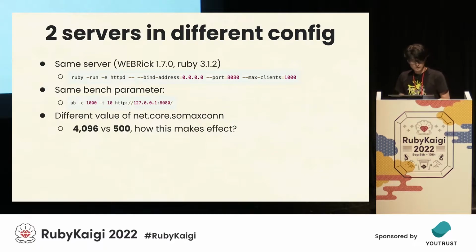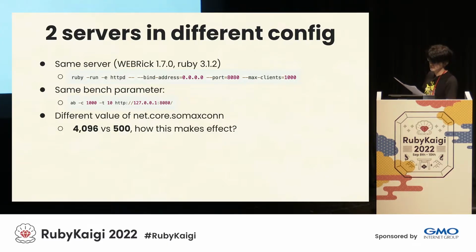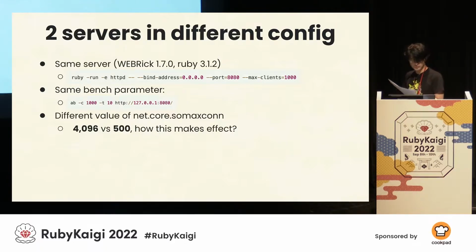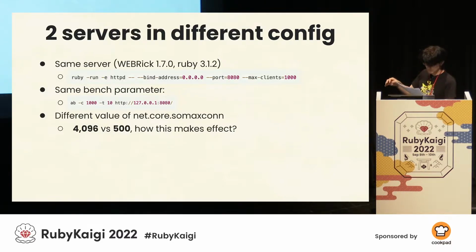So here we have two environments to experiment with, the same Ruby server and the same configuration. However, there is one parameter that is different. The kernel parameter net.core.somaxconn is set to 4,000 for one and 500 for the other.